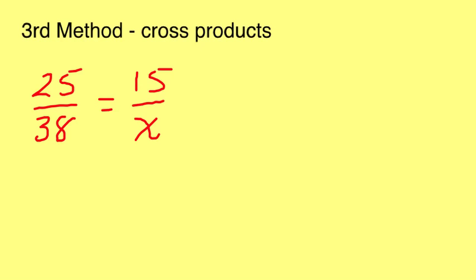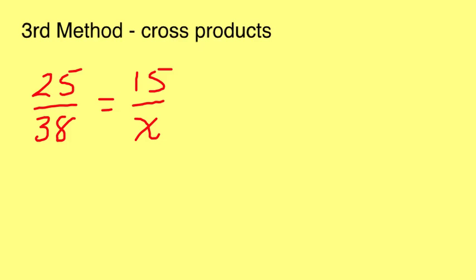And the last method we're going to talk about is cross products, and we've used cross products before when we were looking to see if ratios were proportional. And in this example, I have 25 over 38 equals 15 over x.